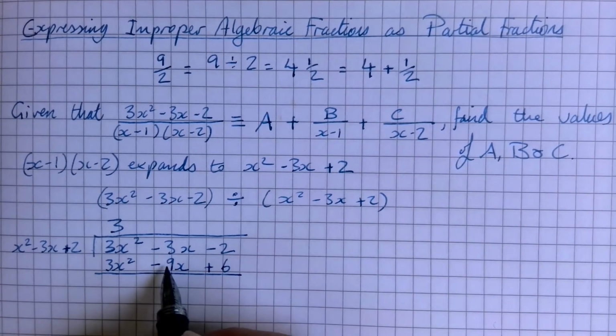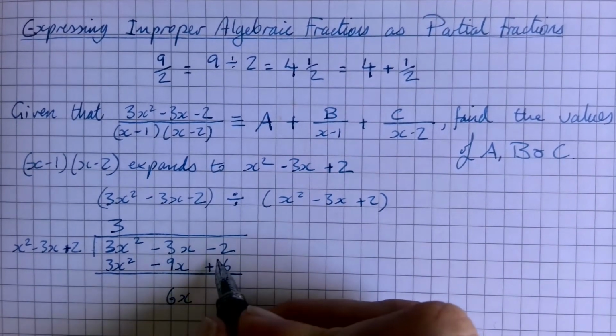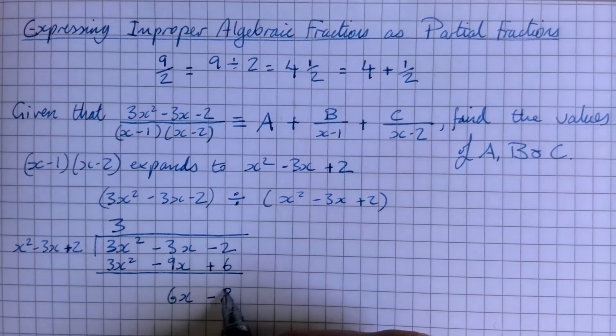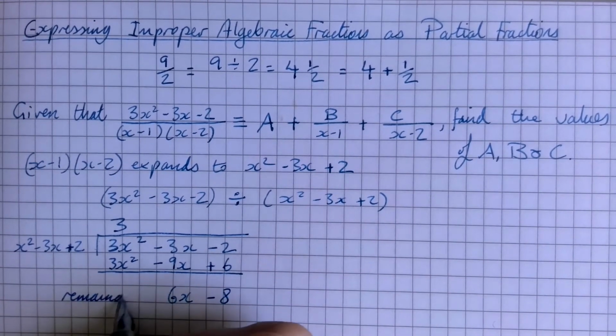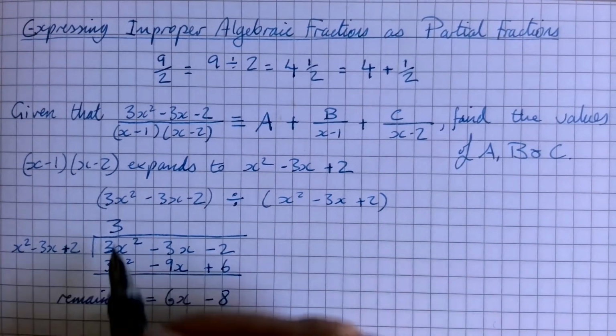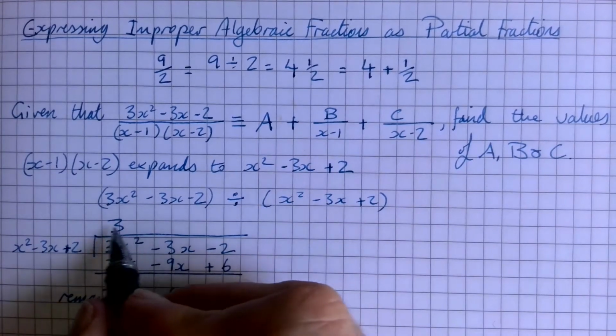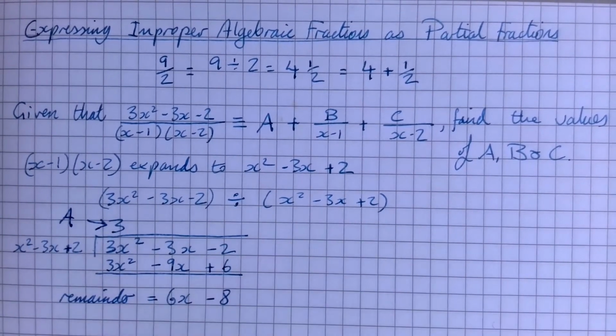Negative 3 take negative 9, well, that's adding 9, that's going to give us 6x, and taking 6 is going to give us minus 8. And that 6x minus 8 is the remainder.